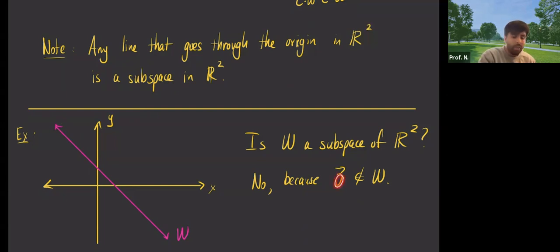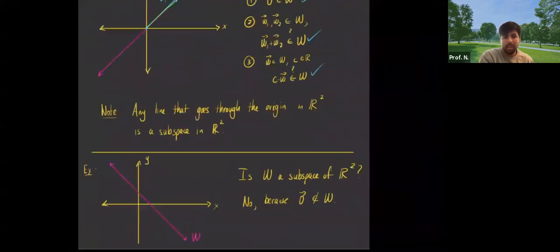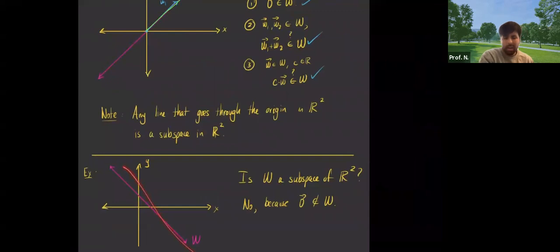So having 0 inside the subset that you're dealing with is essential. If there is no 0 vector, then there's nothing to speak of in terms of subspaces, vector spaces. You must have the 0 vector. Very important. So any line that goes through the origin is a subspace. The moment you're not going through the origin, you're not a subspace. There's no chance.